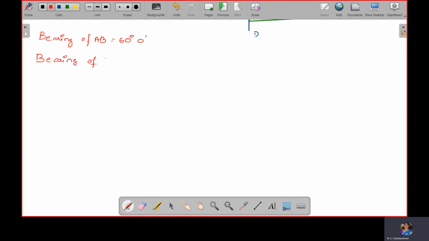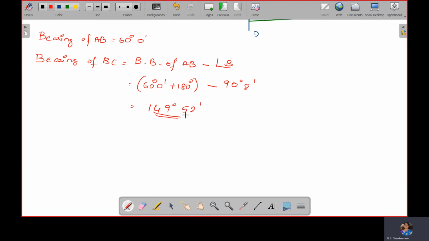Bearing of line BC is equal to back bearing of line AB minus angle B. Now how do you calculate the back bearing? 60 degrees 0 minutes plus 180 degrees minus angle B, which is 90 degrees 8 minutes. So when we solve this, we'll get the answer as 149 degrees 52 minutes as the bearing of the line BC.